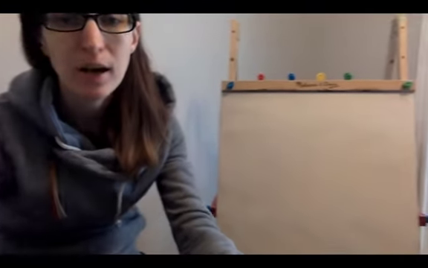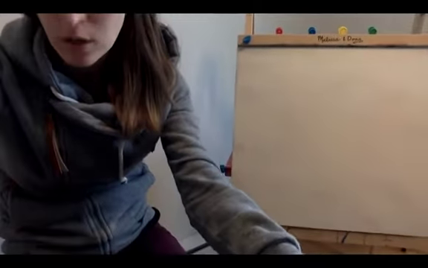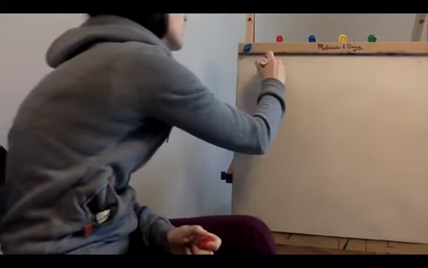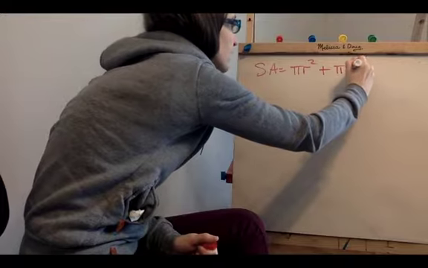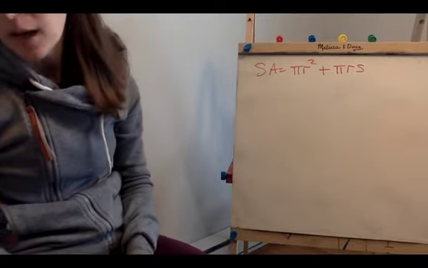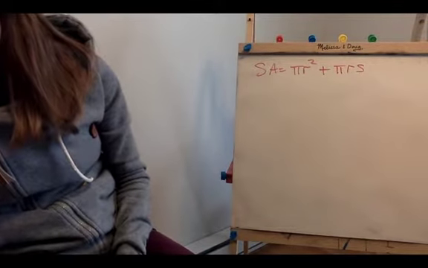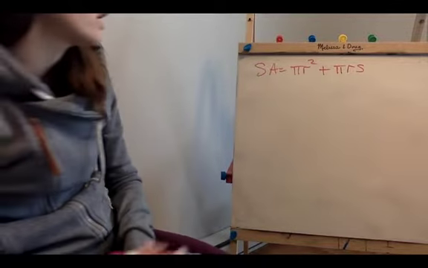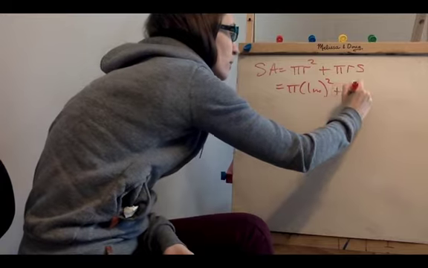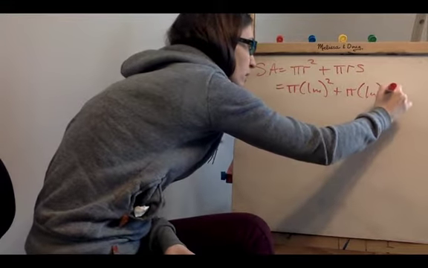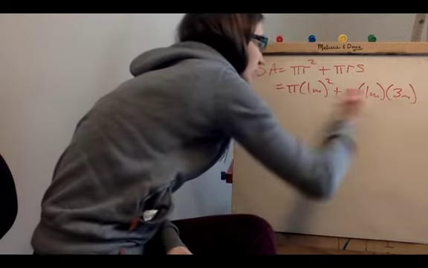All right, going back to the surface area of the cone, we have this formula of a single circle, pi r squared, plus that lateral pi r s. Based on the diagram, the radius was 1 meter. So pi times 1 meter squared plus pi times the radius of 1 meter times the slant height of 3 meters.